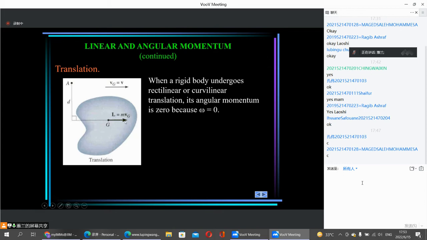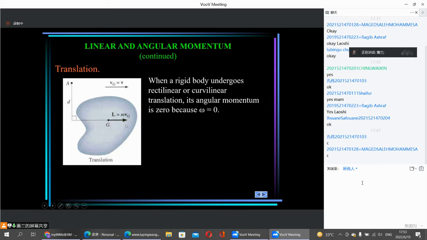For translation, we know that the velocity of any point on this body will be equal to each other. So you can calculate the velocity of any point on this rigid body and use it to find its linear momentum.